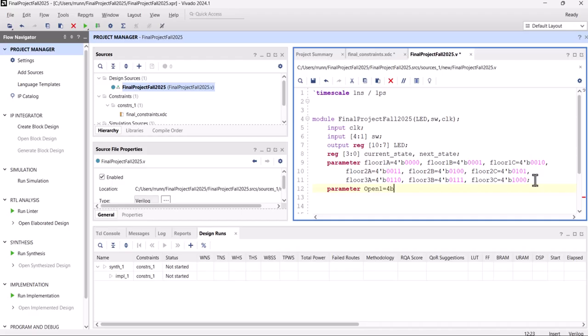It would be 4'b0001. Do I want to uppercase these, lowercase them?